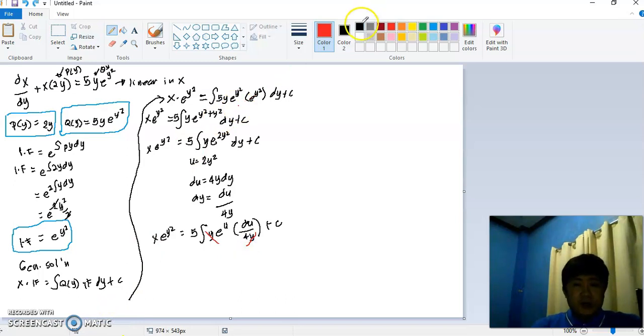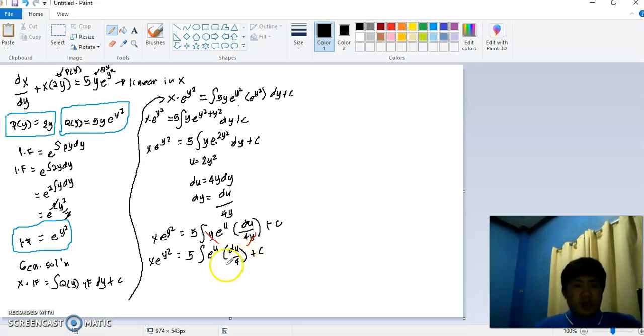So what remains is x e to the y squared equals 5 e to the u times du over 4 plus c.